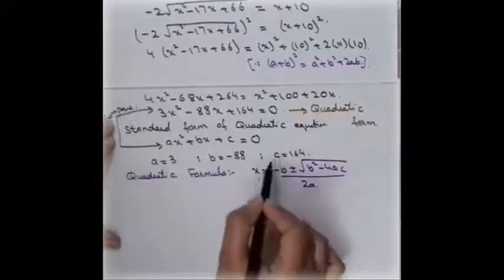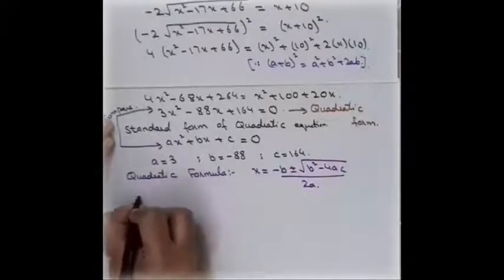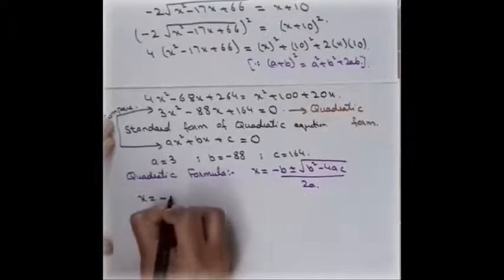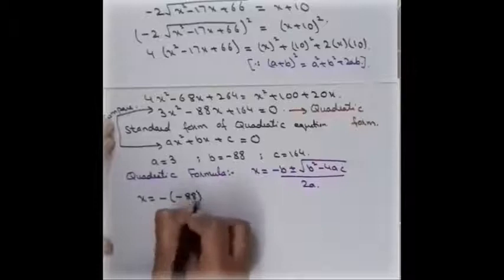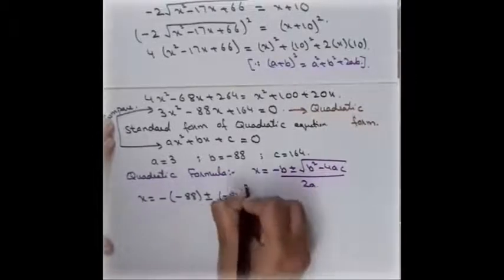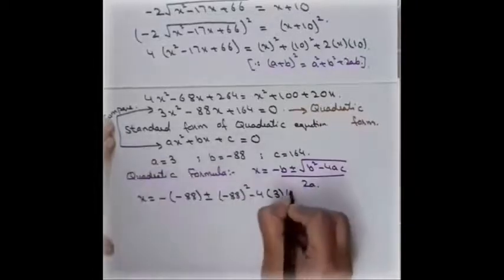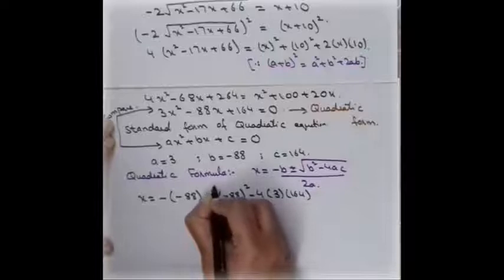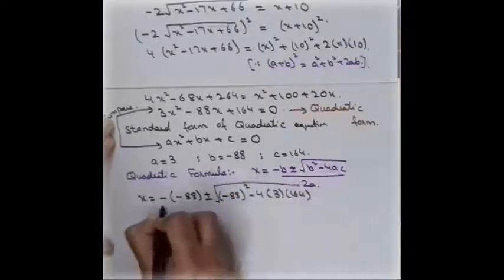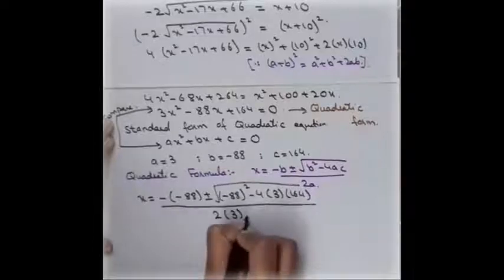Now we put the values in the quadratic formula. So we have x equals minus b, which is minus (-88), plus or minus the square root of (-88)² minus 4a, which is 3, times c, which is 164, and the whole term is under the root, divided by 2a, which is 6.